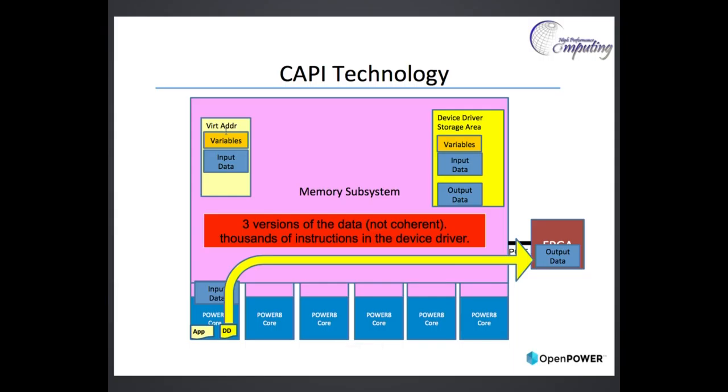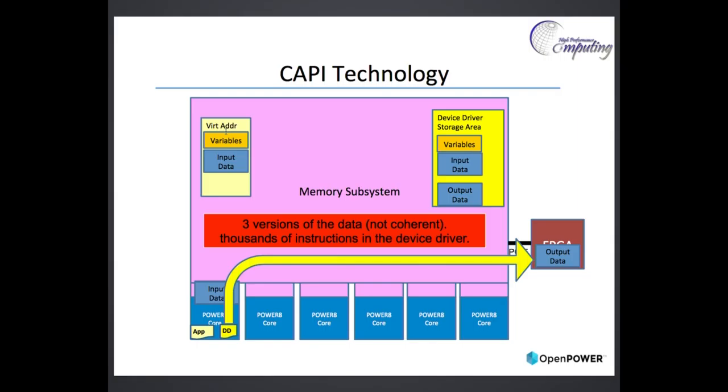Then what happens prior to CAPI? CAPI is a technology designed for heterogeneous computing, and prior to CAPI, if an application wants to call the FPGA, it needs to call the device driver. It should first generate some variables and input data, store them into the virtual address memory, then copy them to the device driver storage address, and finally copy them into the FPGA local memory.